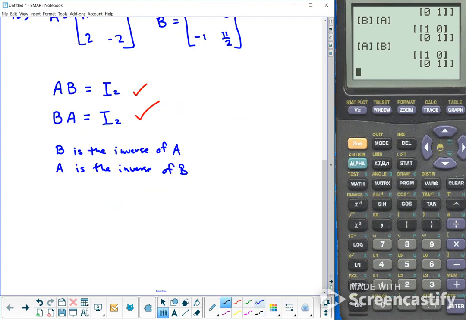Okay, that was 10. Now 11. Okay, this one's a little different, but it's the same kind of idea, right? Matrix A is 1.6 and 2, negative 3.5 and negative 4.5.